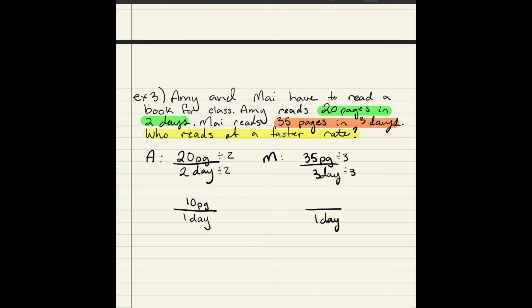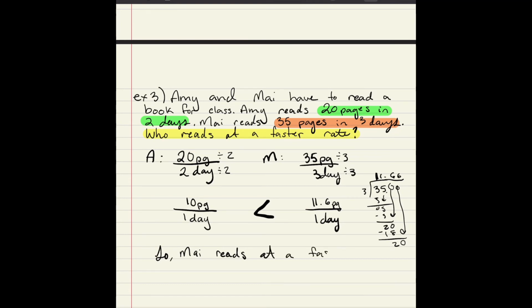And in 1 day, Mai reads 11.6 pages. So 11.6 pages is greater than 10 pages. So Mai reads at a faster rate.